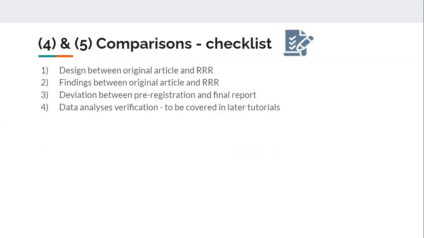And the next part is on the checklist of comparisons. So we'll compare the design between the original article and the RR, as well as the findings between the original article and RR. Whether there's deviation between pre-registration and final reports, as well as data analysis verification.